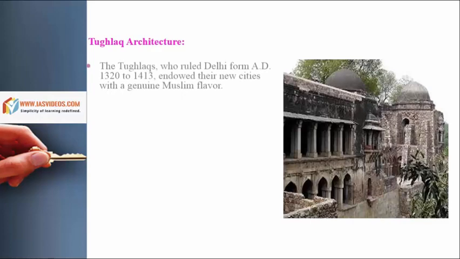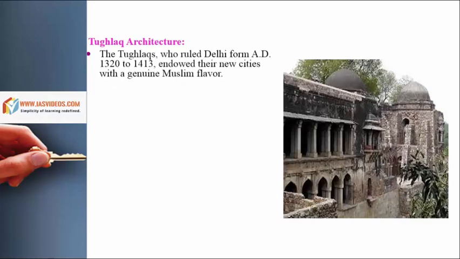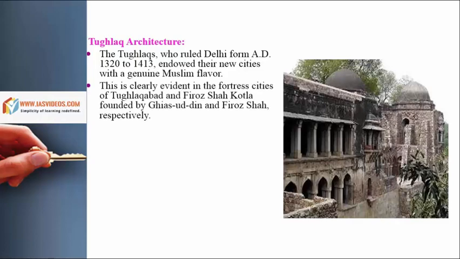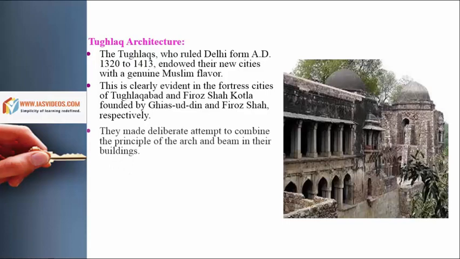Tughlaq architecture. The Tughlaqs, who ruled Delhi from AD 1320 to 1413, endowed their cities with genuine Muslim flavors. This is clearly evident in the fortress cities of Tughlaqabad and Firoz Shah Kotla, founded by Ghiyasuddin and Firoz Shah respectively.